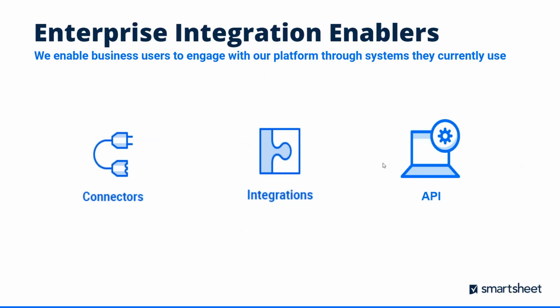Thanks so much, Jim. So at Smartsheet, we basically have three primary ways to connect Smartsheet to the systems enterprises use regularly. Through our third-party connectors, we extend the reach and consistency of data from systems, including those offered by Salesforce, Atlassian, Microsoft, and ServiceNow.